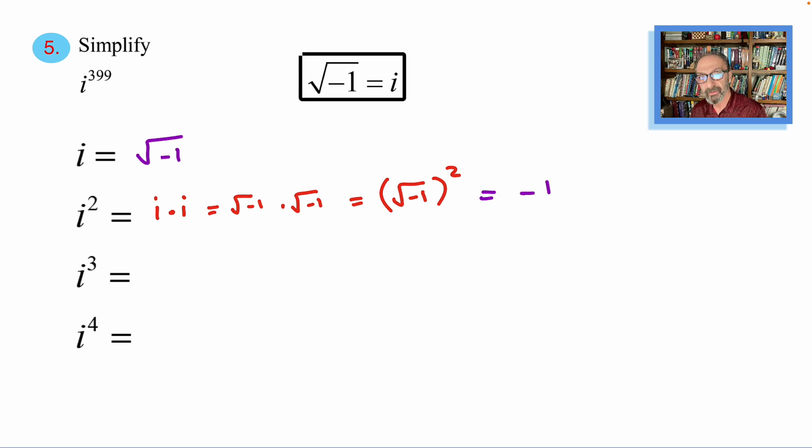For i to the third, instead of writing i times i times i, we could take advantage of i squared, which is -1, and write i squared times one more i. i squared was discovered to be -1, times i, and that will give me -i.